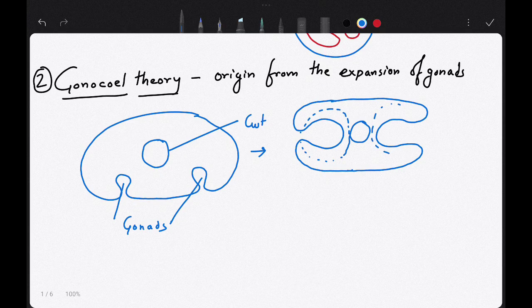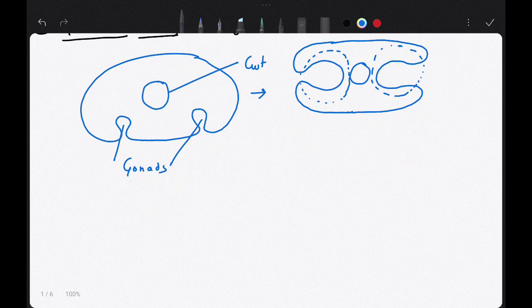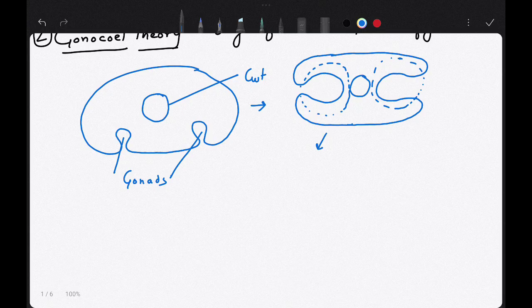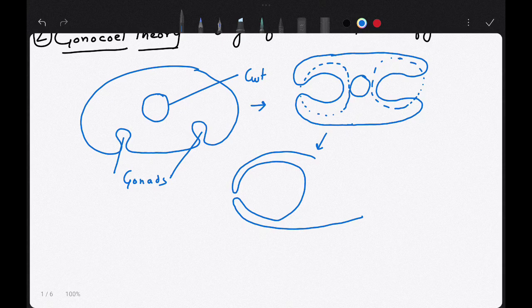Okay, so it will increase in size like this, and it will fill the space. Once it fills the space, it will give the appearance of a coelom, that is, it will give rise to coelom. So what will it look like? It will look like this. This is the coelomic cavity.